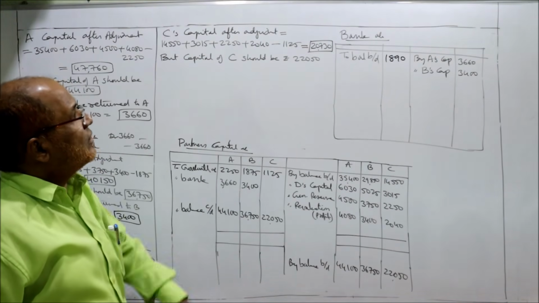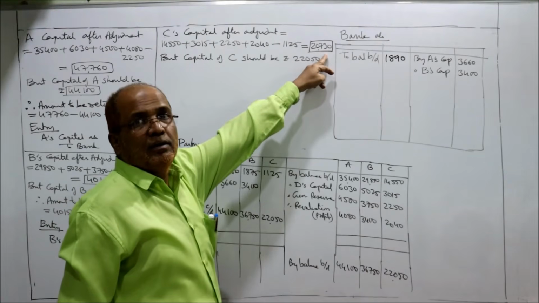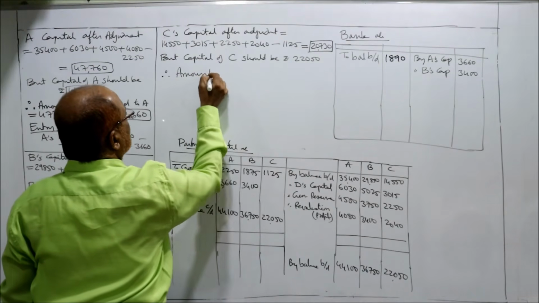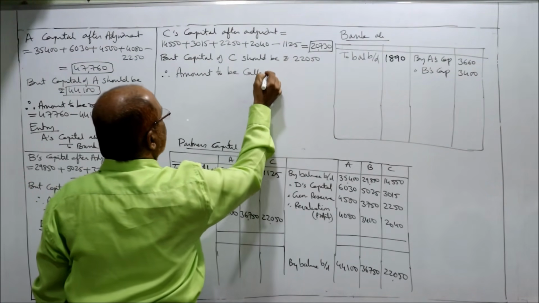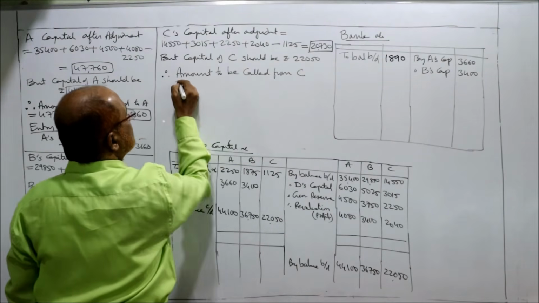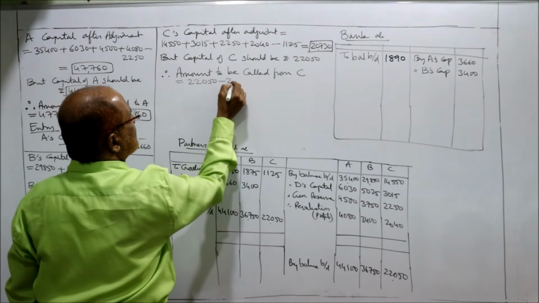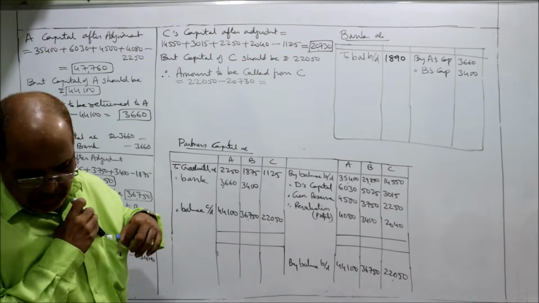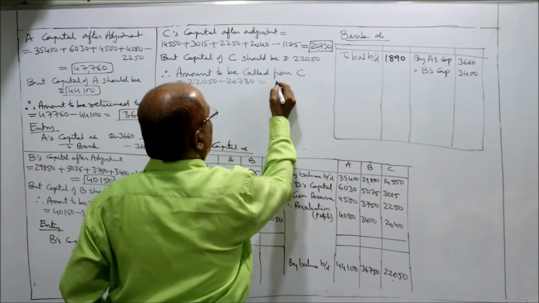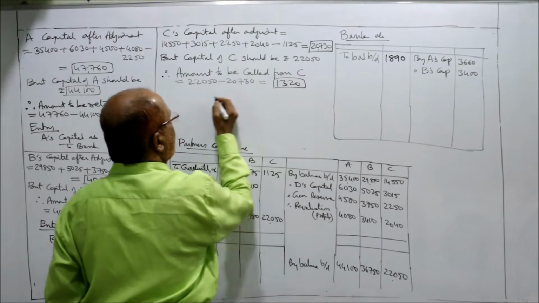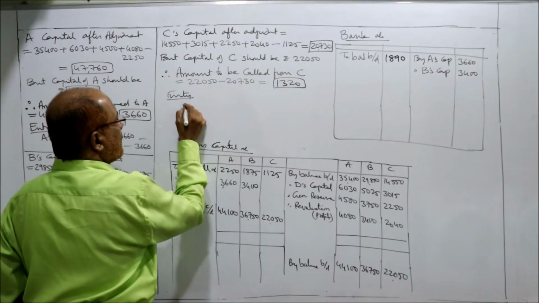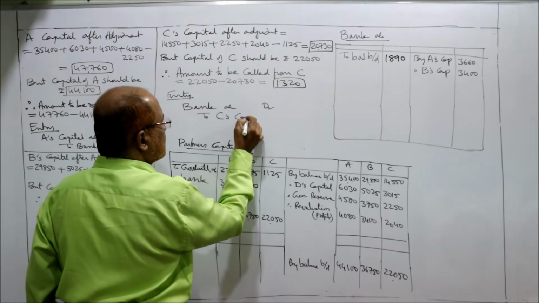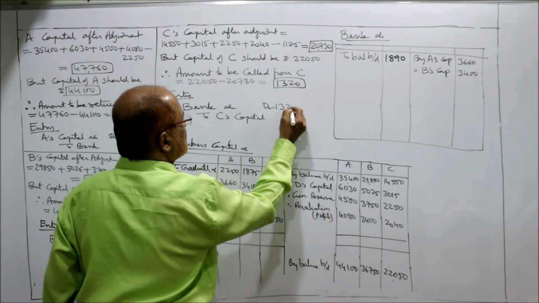He is having 20,730, he is having less capital, therefore the amount to be called from C is equal to 22,050 minus 20,730, which is 1,320. Entry: bank account debit to C's capital 1,320.